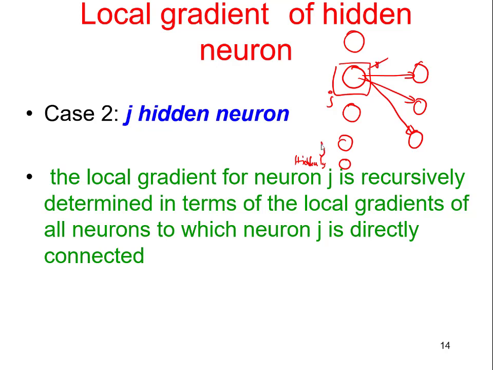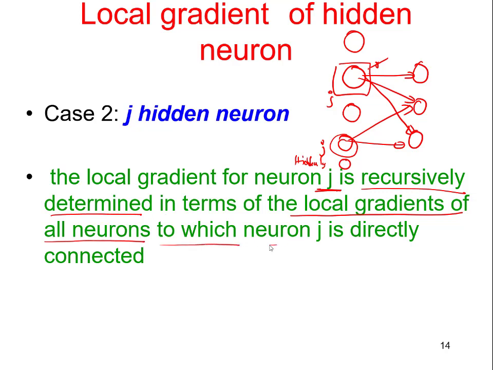If J is directly connected with two nodes, then these two nodes will help us to recursively compute this jth neuron's local gradient. So the local gradient of neuron J, if it is a hidden neuron, is recursively determined in terms of the local gradients of all neurons to which neuron J is directly connected.